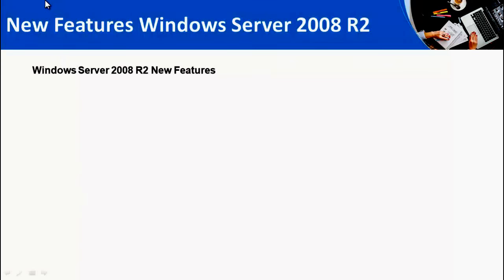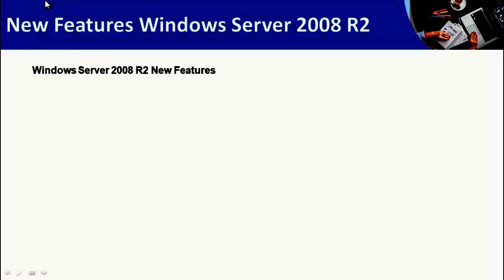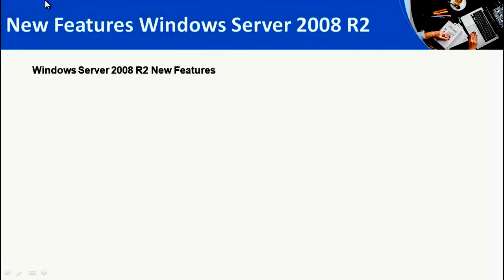So now we will look at some new features of Windows Server 2008 R2. Here the new features are like branch cache. Branch cache is not exactly a new thing, but there are some of these features that I want to look at and how they work in Windows Server 2008 R2.